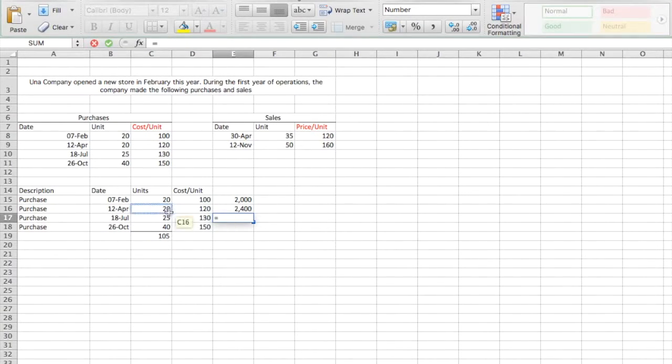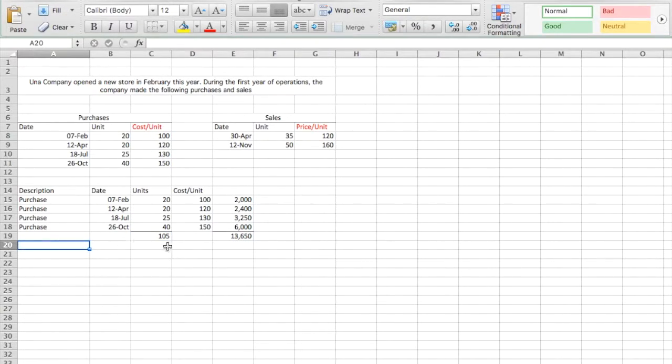We are going to do this for all 4 purchases. In order to get the total, we are going to add up the column using the same formula, equals sum, and we should get a total of 13,650.